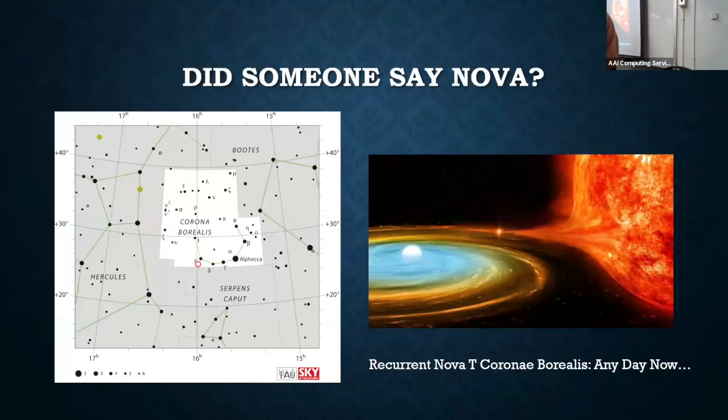What happens for a nova is when you have a red giant and a white dwarf very close to each other, and the white dwarf, which is more massive despite being smaller in size, is pulling matter off the red giant and it's gradually accreting onto the star. And the problem is that that star can only reach a certain mass before the surface of it will explode in a giant thermonuclear explosion.